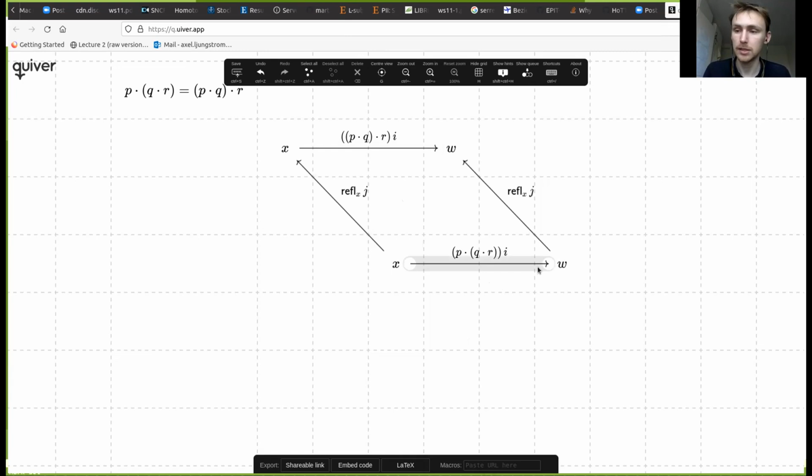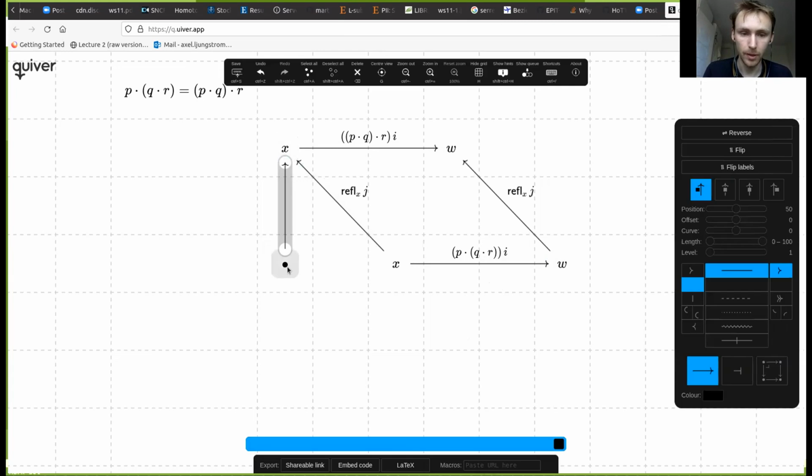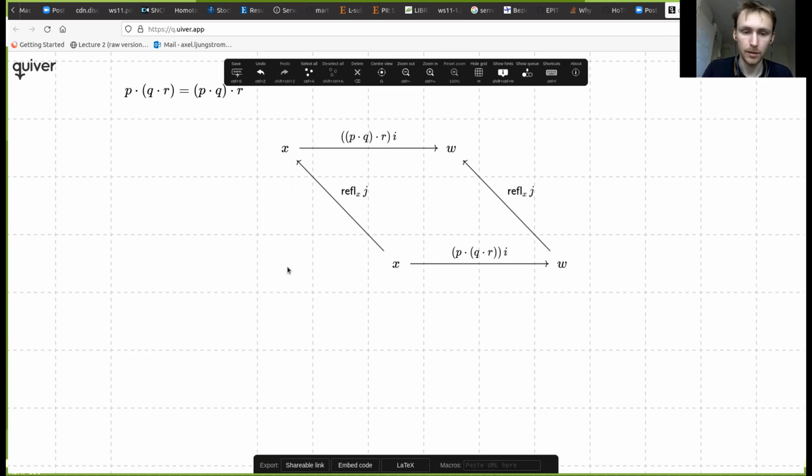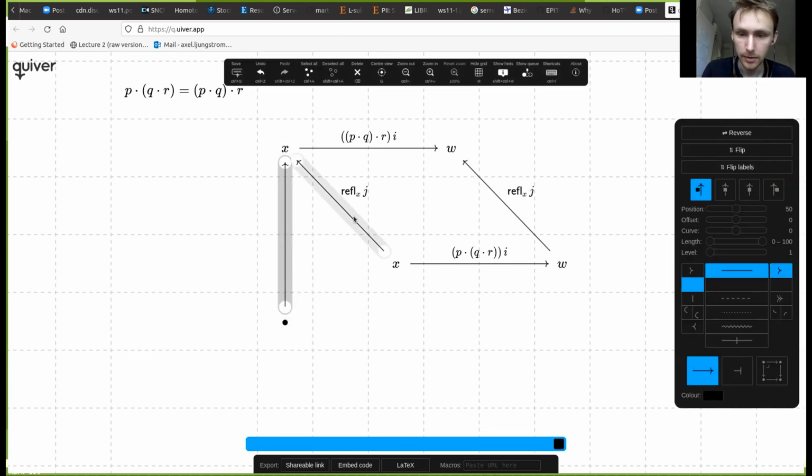Well, so first of all, let's look at the backside first. So I'm going to draw another cube here. No, I would like it to be a bit bigger. Oh, maybe I messed up the interval variables again.